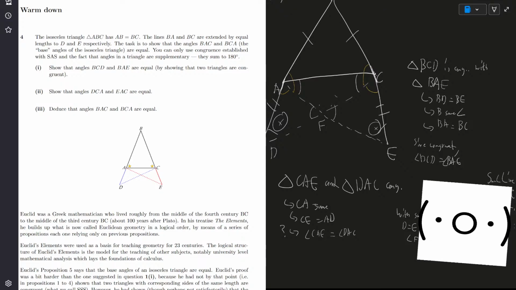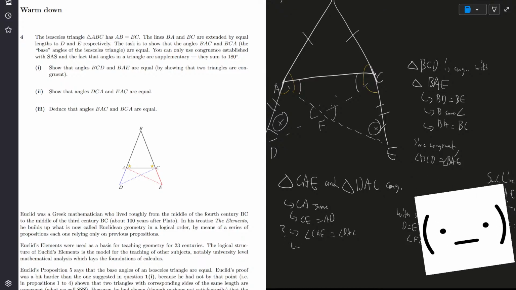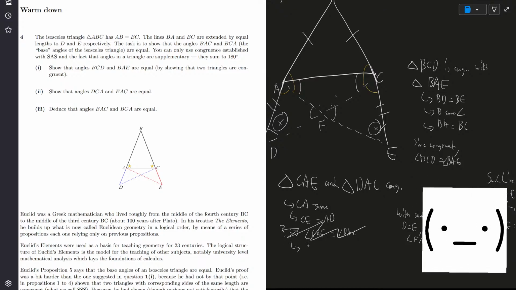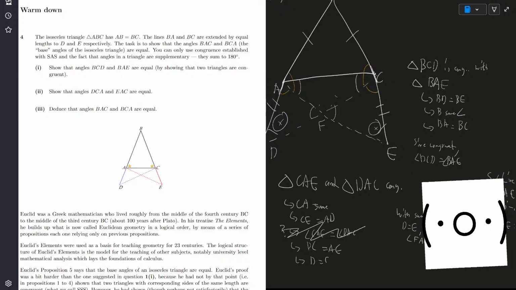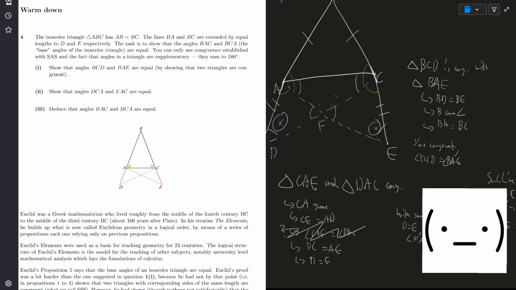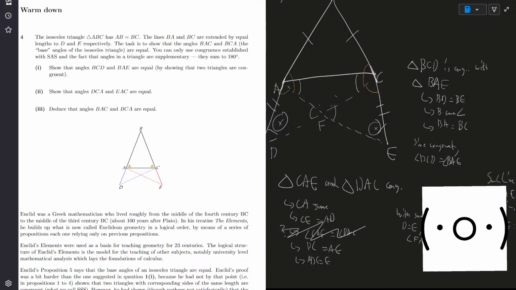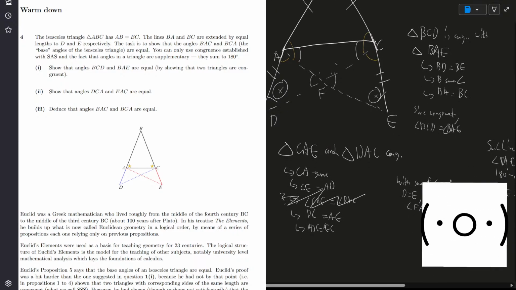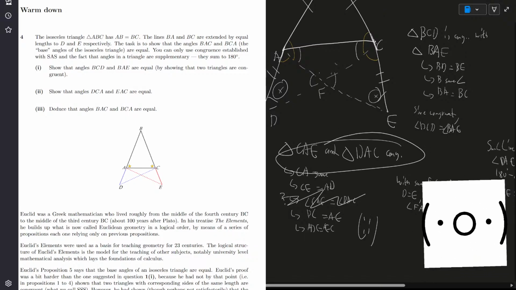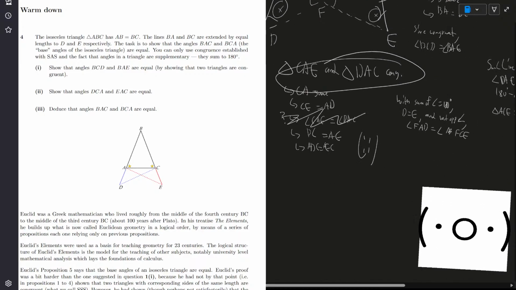Let's say we assume that DC equals AE and that ADC equals AEC, which again we already proved previously. So this congruency works, and so therefore I is true, which is kind of a pulled-out-of-nowhere thing.